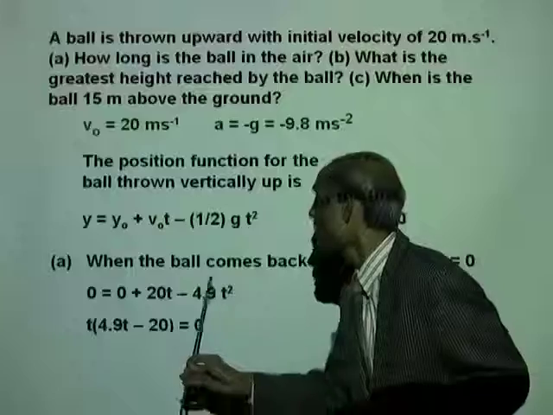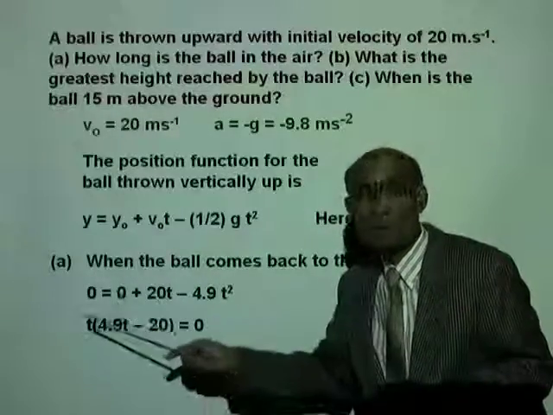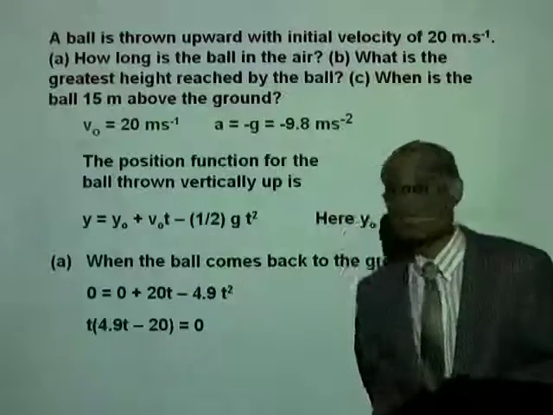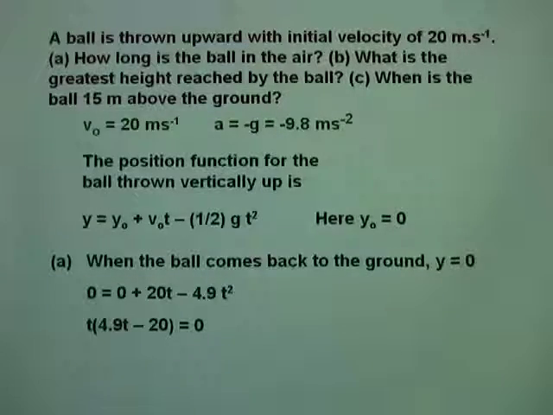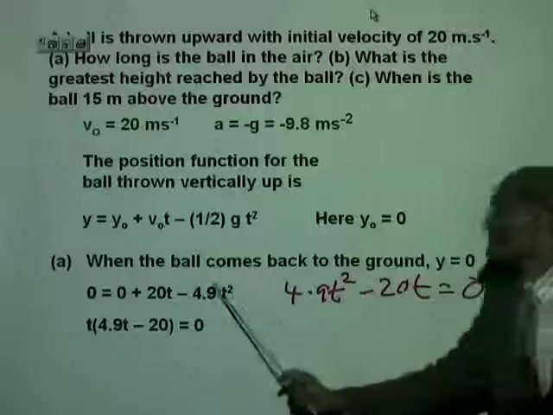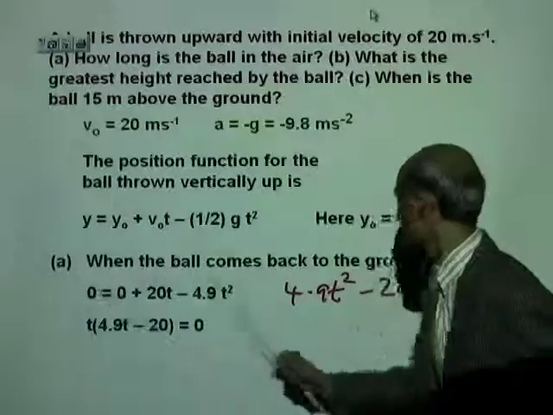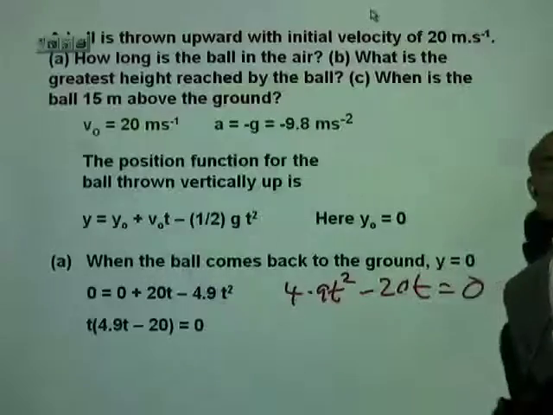It will be 4.9 t squared minus 20t equal to 0. You see, this is the step before that. That is, took this to the left, became positive. Took this to the left, became negative. And the right side is 0.